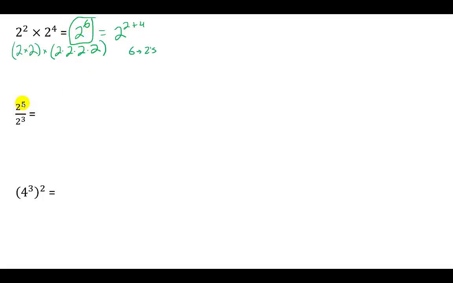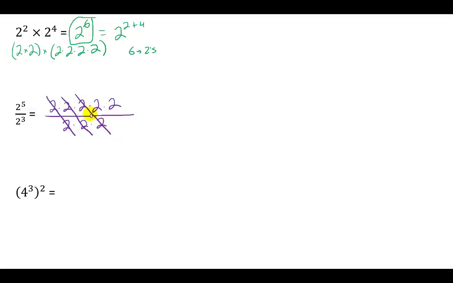If we have 2 to the 5th, that means we have 5 2's, 2 times 2 times 2 times 2 times 2, being divided by 2 to the 3rd, 2 times 2 times 2. We have 3 2's on the bottom and 5 2's on top. But if we have a number divided by itself, it's going to go away. So 2 divided by 2 is 1, three times.